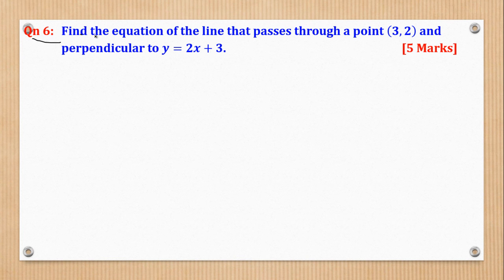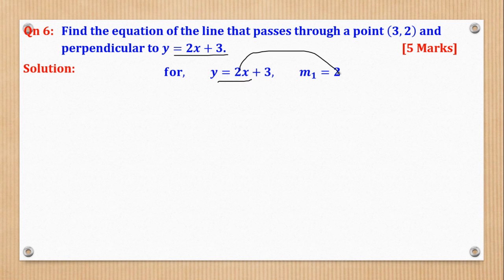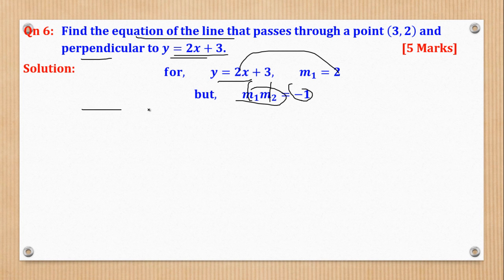Question 6. Find the equation of the line that passes through a point this and perpendicular to this. So first of all, for this given line, the gradient is 2. But they said the equation of the line they want is perpendicular to this. So that means that when I multiply two gradients, I should get -1, provided those two lines are perpendicular.